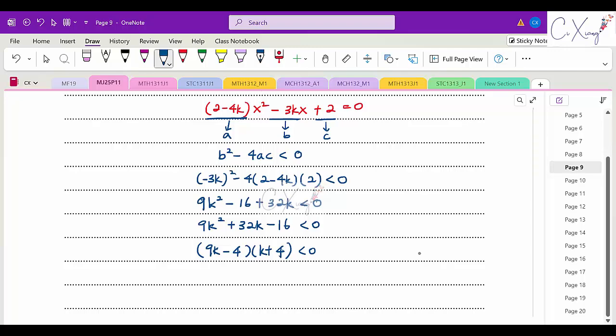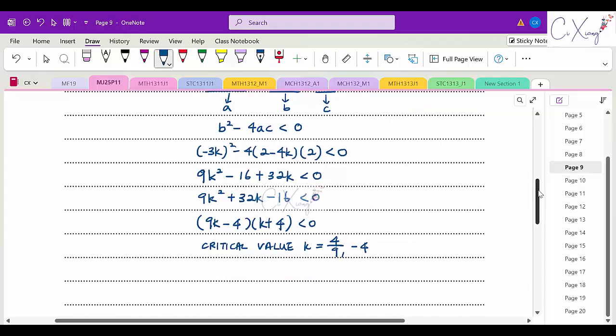So 9 times 4 is positive 36. This is how we factorize it. And from here, I get my critical values for k: 4 over 9 and also negative 4.